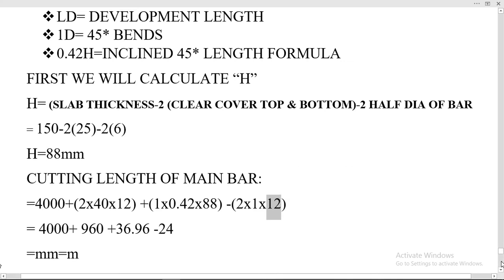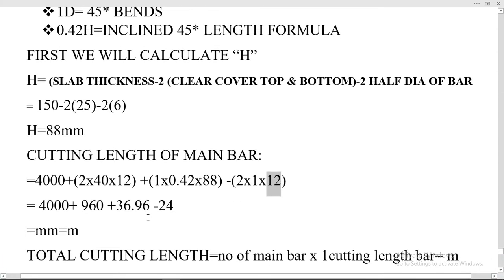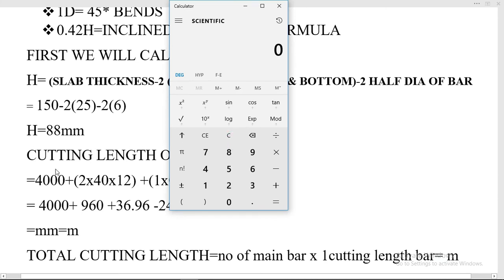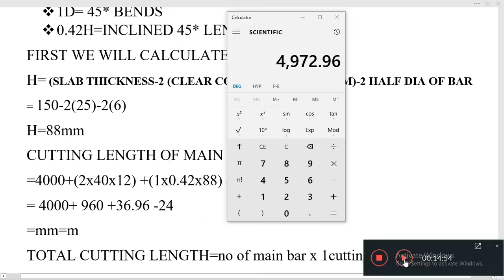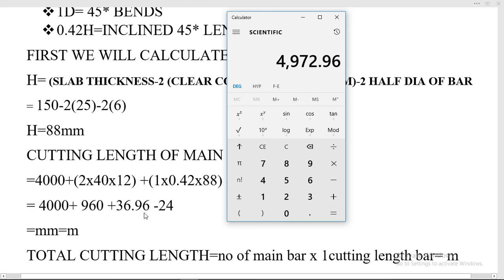So finally let me calculate the cutting length of a main bar. 4000 plus, and after calculating it, we have 4972.